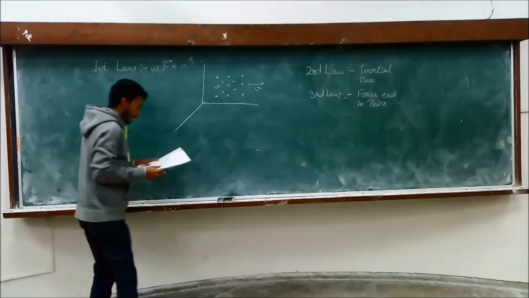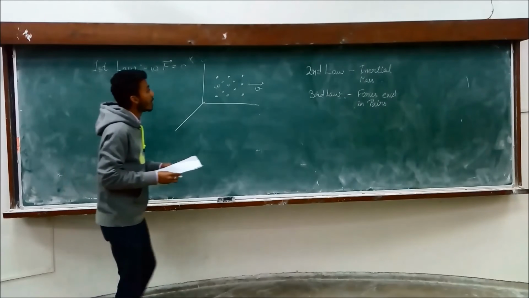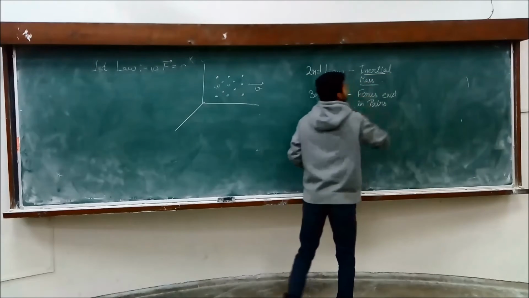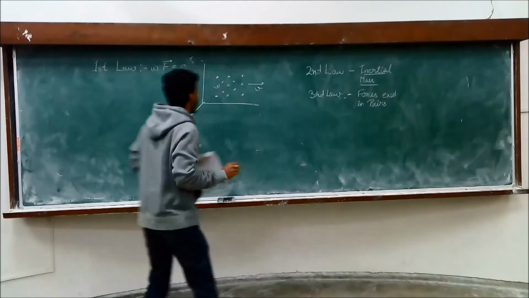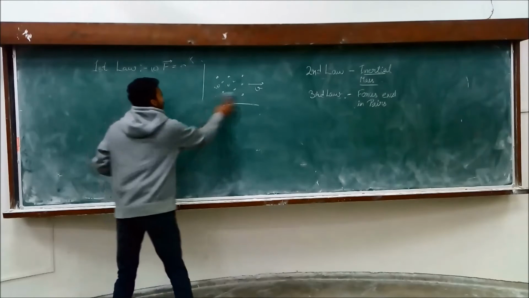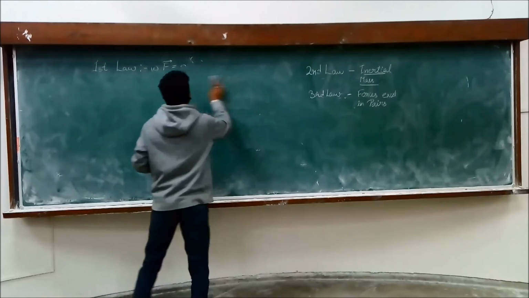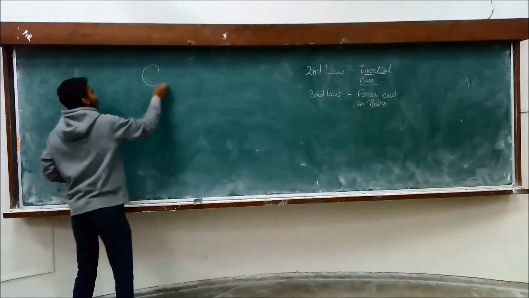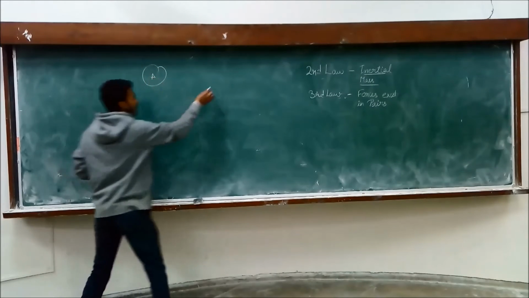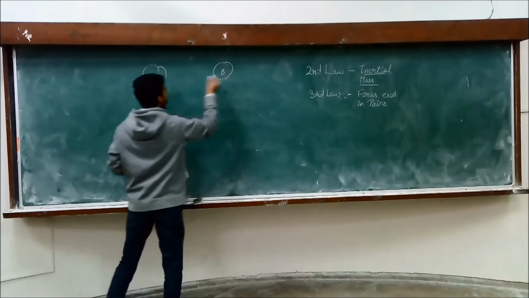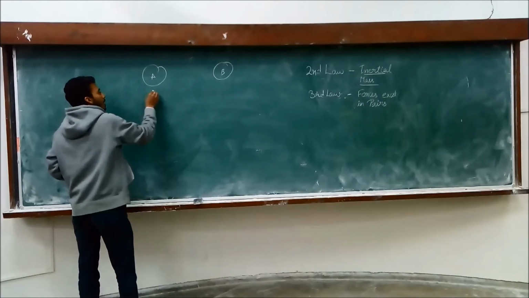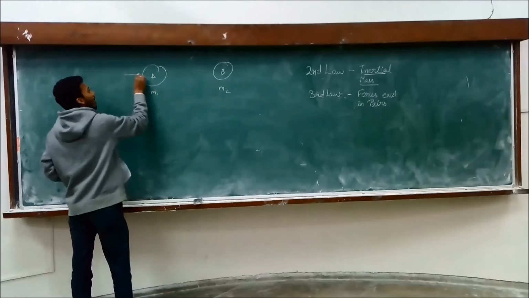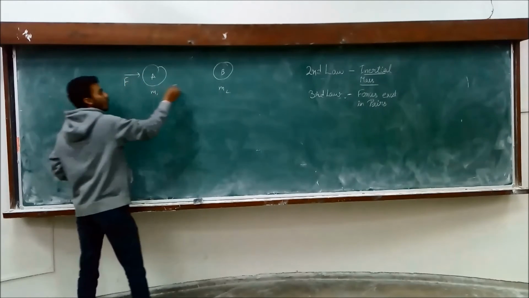Okay, and the second law gives us the term inertial mass. What do you mean by inertial mass? Let us take an example of two bodies. Here is a body A and body B, or you can say balls. One has mass m1 and the other has mass m2. We apply the same force on both balls.